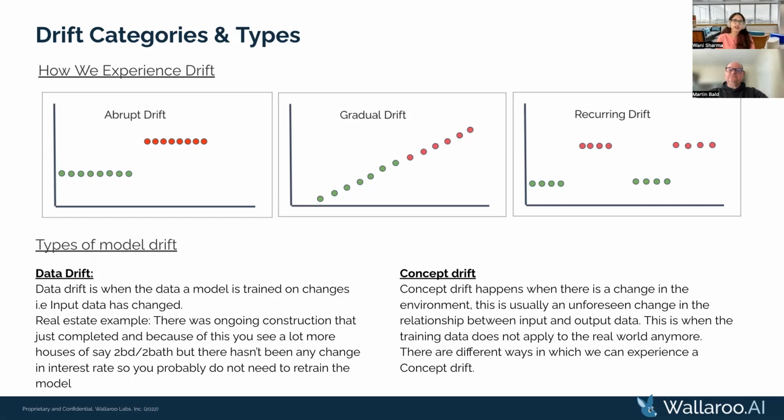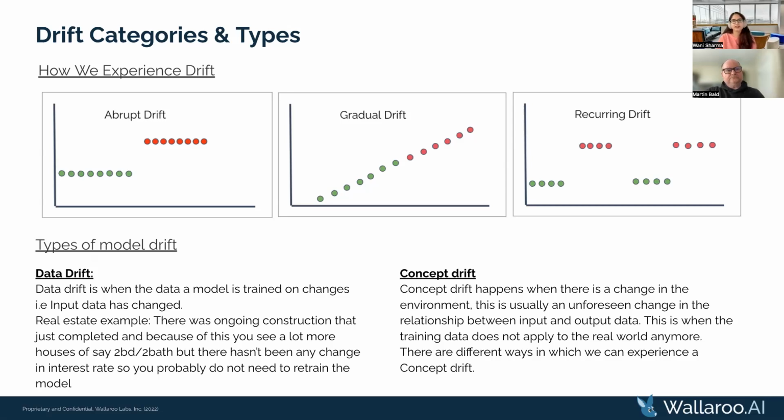This is happening because the construction just completed. So this is a data drift, but you probably do not need to retrain your model as the other conditions haven't changed. The construction was completed, and that's why you see more of two-bed, two-bath houses in the market.